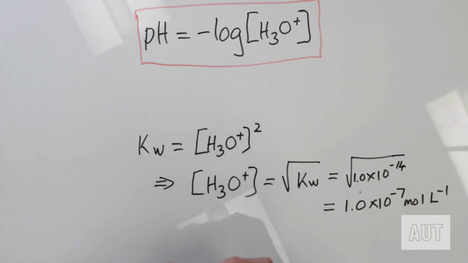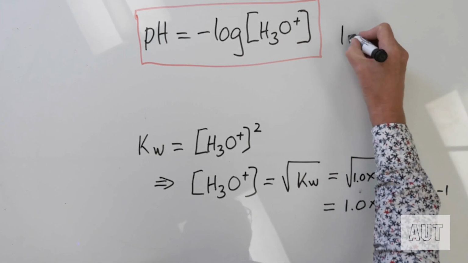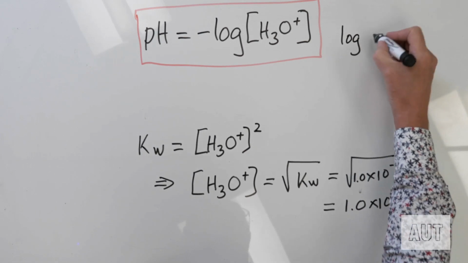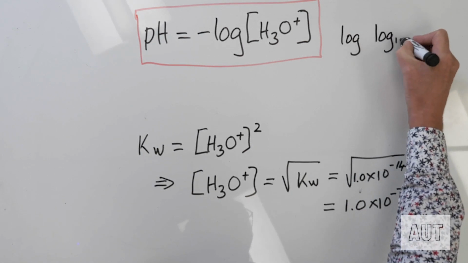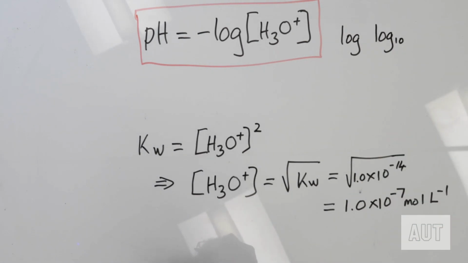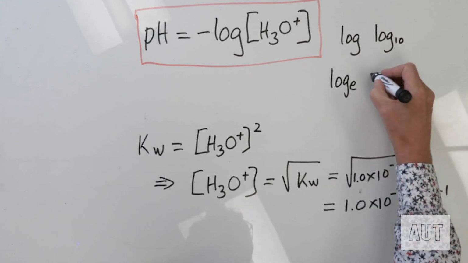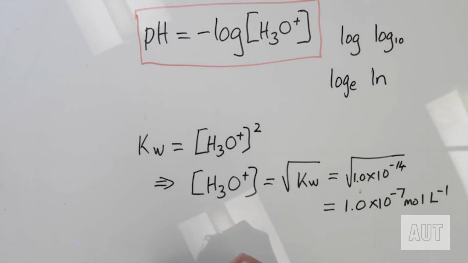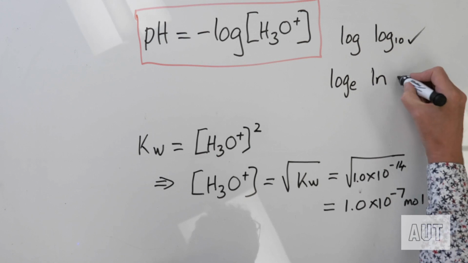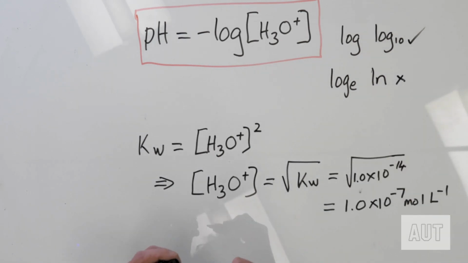You've got a log button that will either say log, or log subscript 10. Those are the ones that we're using here. You may also have buttons that say log e or ln, natural log. These are no. So don't get your logs mixed up when you are doing these calculations.